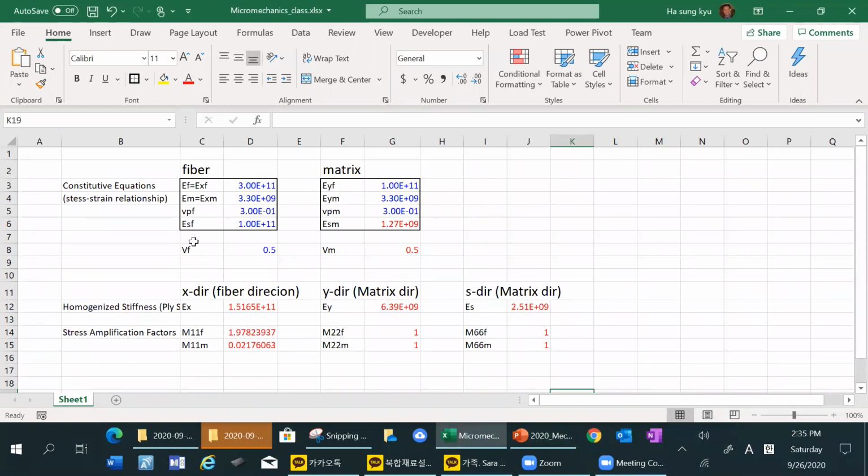And Poisson's ratio, here in the constitutive equations, is given like that.